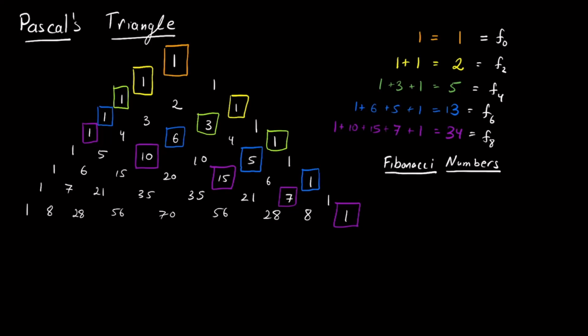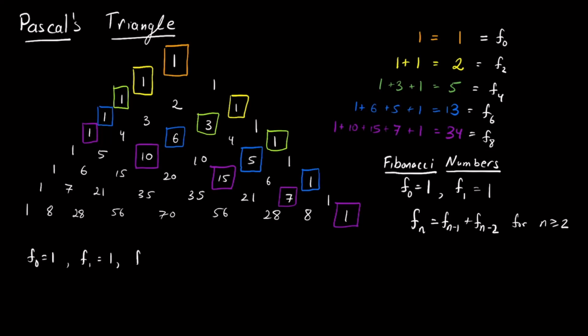And again, here I'm defining the Fibonacci numbers. I'm assuming f0 is equal to 1, f1 is equal to 1, and I'm taking fn to be the sum of the previous two Fibonacci numbers, fn minus 1 and fn minus 2. So for example, f0 is 1, f1 is 1, f2 is 1 plus 1, so that's equal to 2.